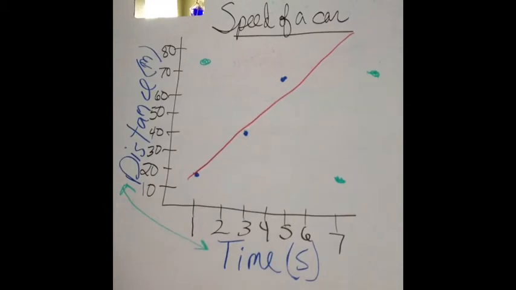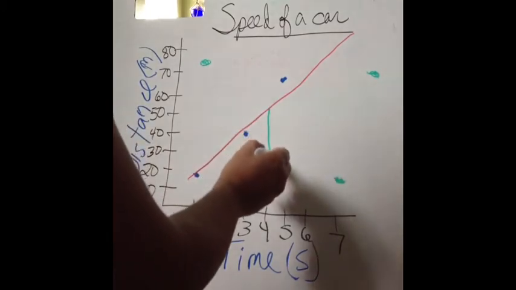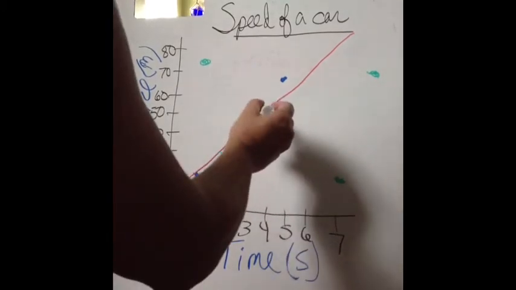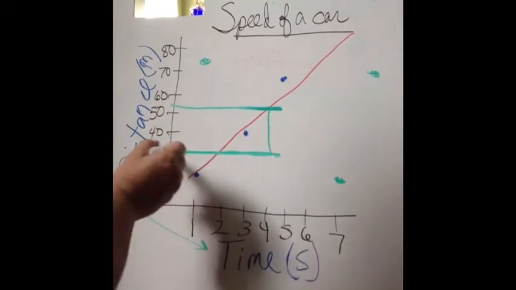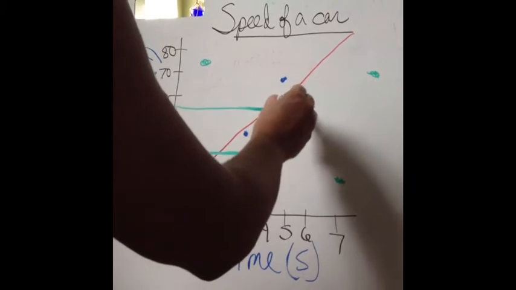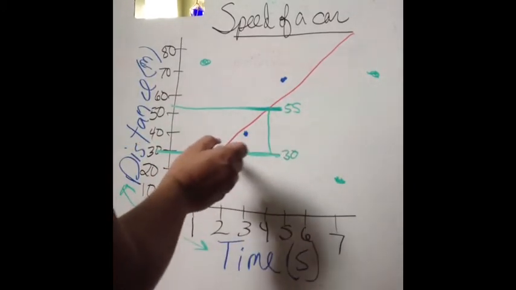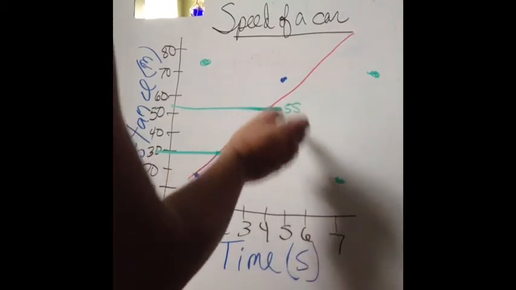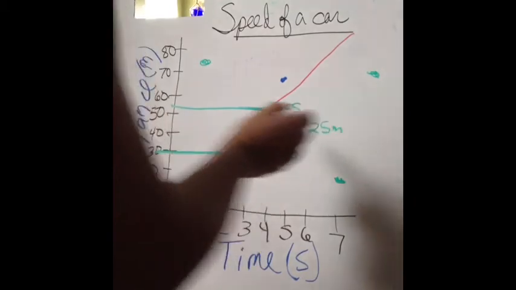because it tells us the speed of the car. And remember, you can calculate the speed by taking the distance. So the distance between this dot here and that dot there, that's 25 meters.